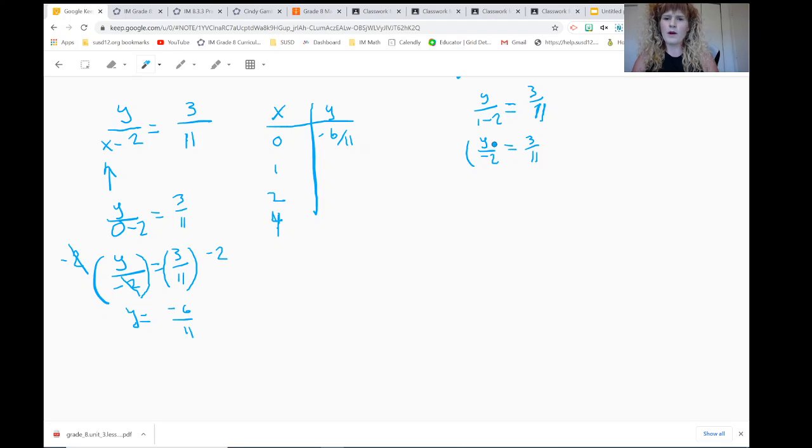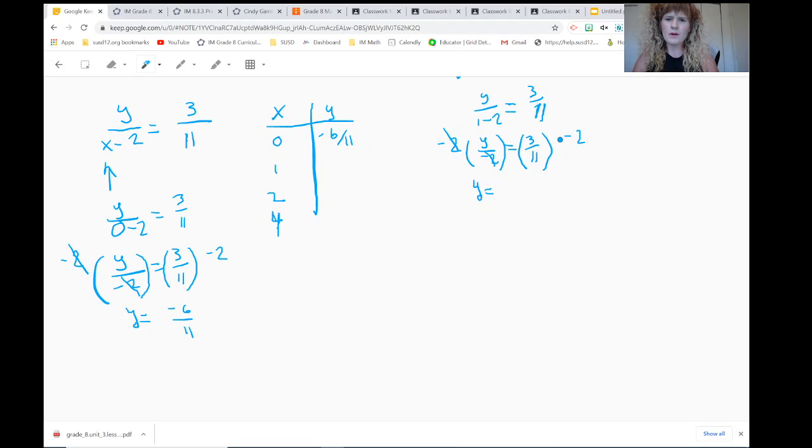I want to solve for y, so I'm going to isolate it by getting rid of that negative 2. So multiply both sides by negative 2. Then these negative 2's cancel out, and y equals 3 times negative 2.